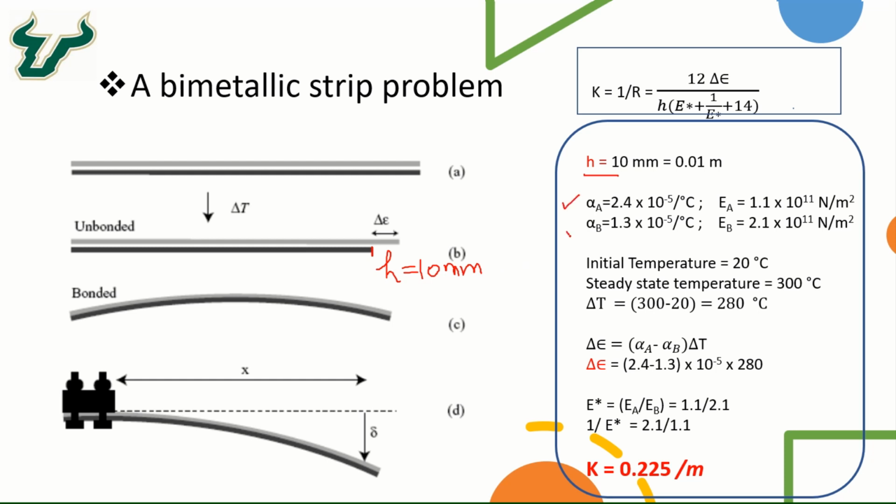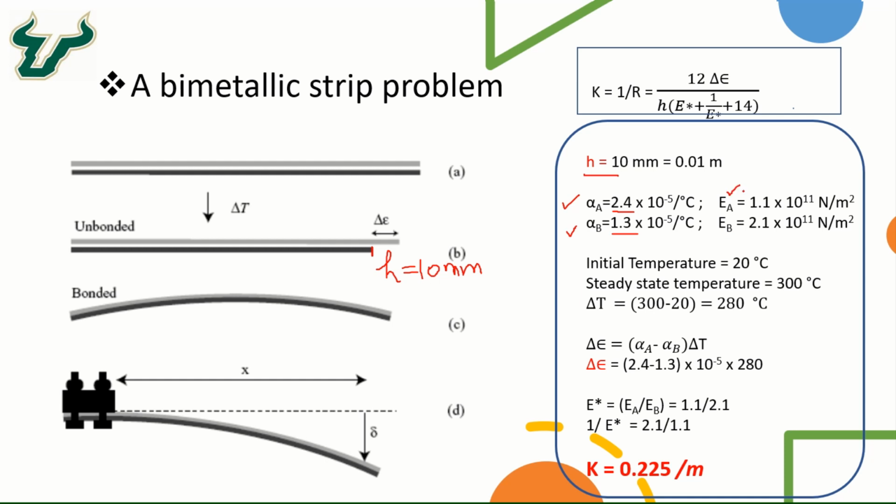So h equals 10 millimeters, which is equal to 0.01 meter. Alpha A and alpha B are the linear coefficients of thermal expansion of the two metals. For copper it is 2.4 times 10 to the negative 5 per degree Celsius, and for steel it is 1.3 times 10 to the negative 5 per degree Celsius.